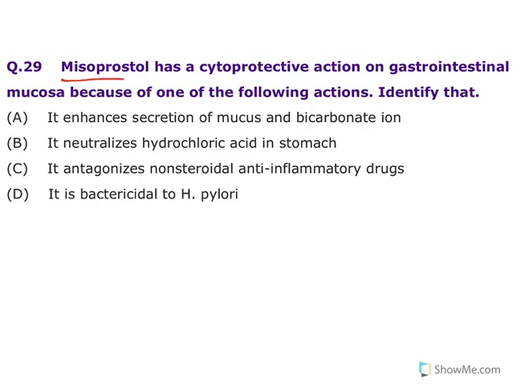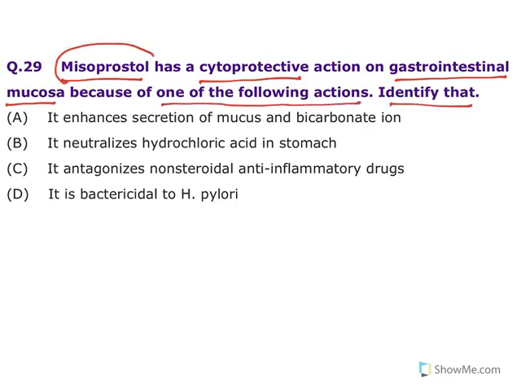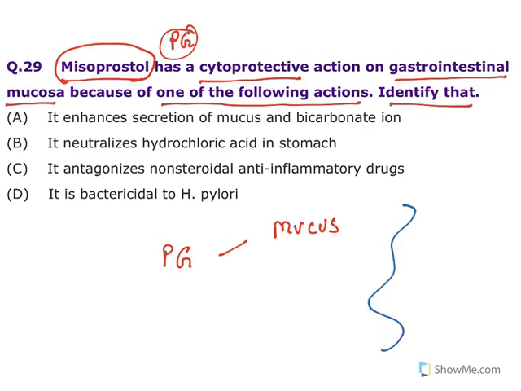Now, misoprostol has a cytoprotective action on gastrointestinal mucosa because of one of the following actions. Identify that. Misoprostol and others are prostaglandin analogues, and they have a cytoprotective action. It increases the amount of mucus in the stomach, at the walls of the stomach.